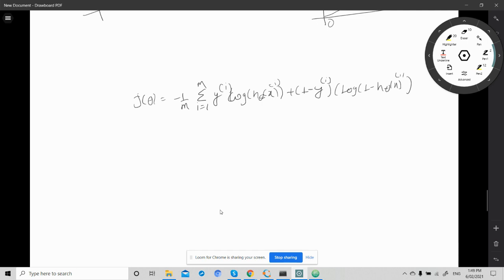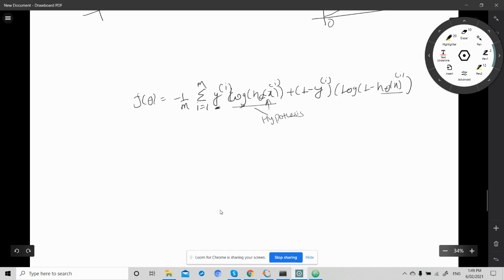So I will be doing matrix multiplication of this y times log of h of x. We have already calculated this. This is my hypothesis function, and we will take log of the hypothesis function, and then we will do a dot product with respect to y.